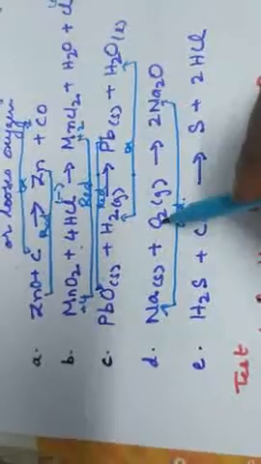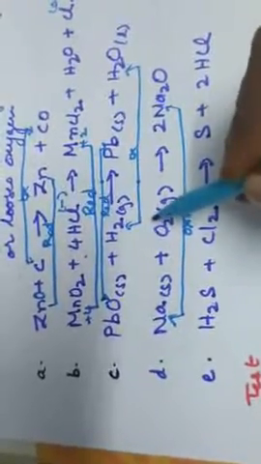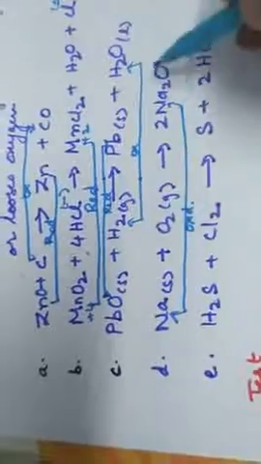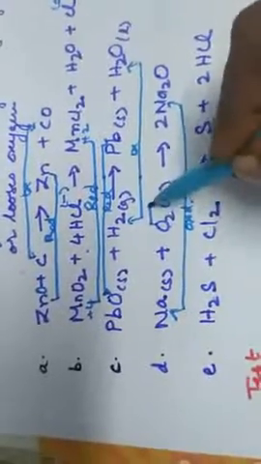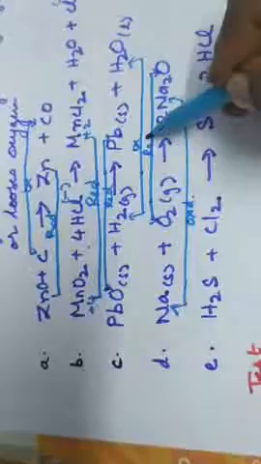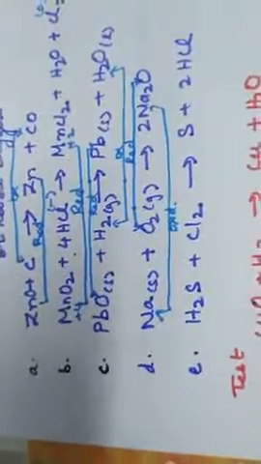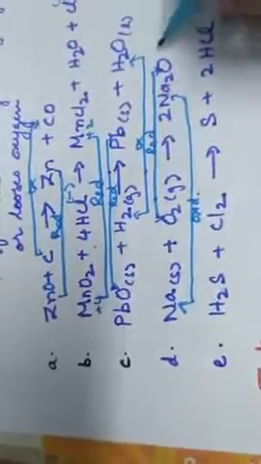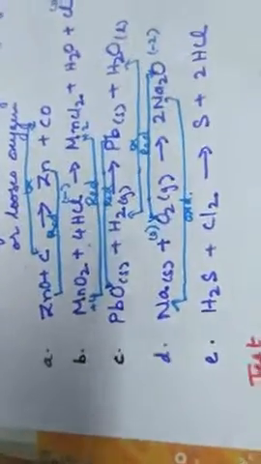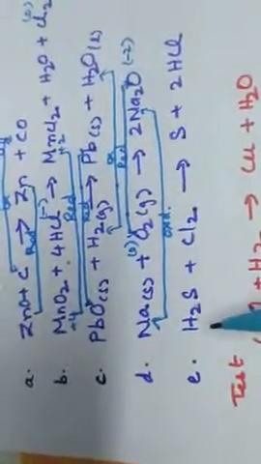Here we have oxygen in 0 state, and now it is in -2 state, from 0 to -2. Definitely if one is oxidized, another is reduced. Only oxygen is left out, so oxygen is reduced.